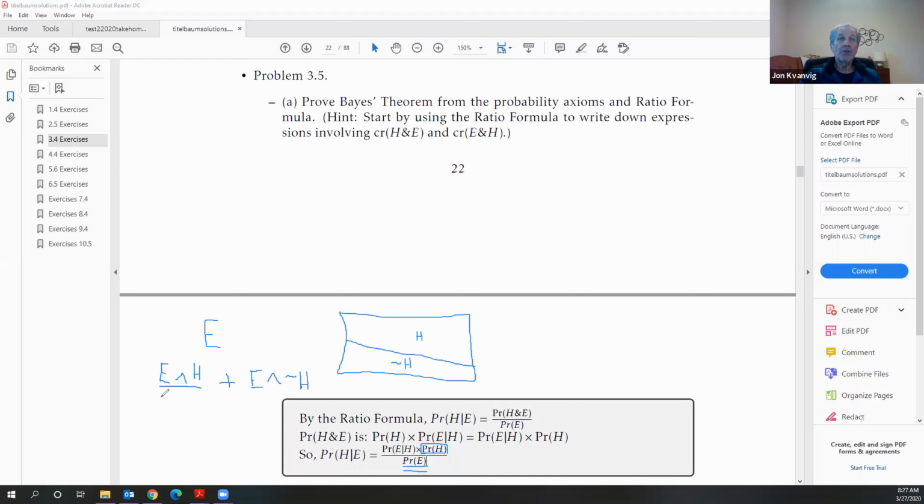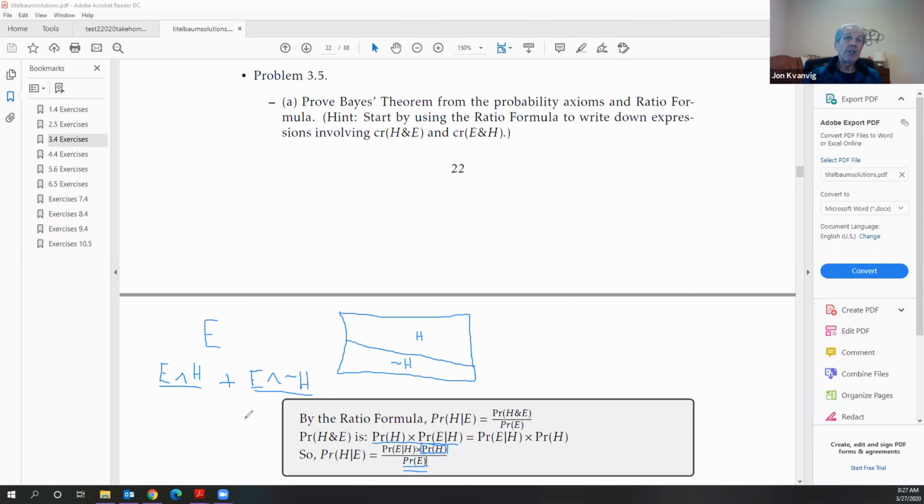So let's put the H first. And then if we take the probability of H and E, we get, again, probability of H times the probability of E given H. And if we turn this side around and do the same thing, we get the probability of not H times the probability of E given not H.